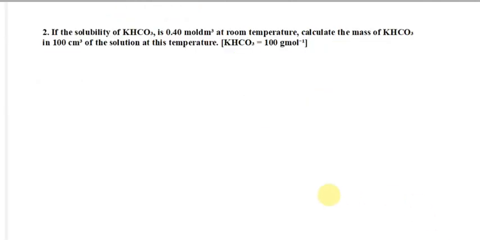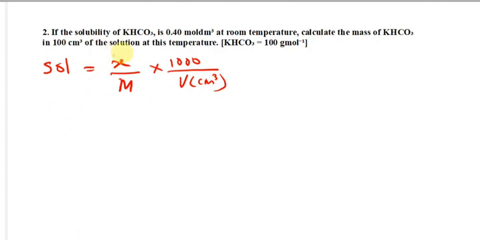Okay, example 2. If the solubility of KHCO3 is 0.40 mole per dm cube at room temperature, calculate the mass of KHCO3 in 100 cm cube of the solution at this temperature. So simply I'm going to write the solubility is equal to the reacting mass all over molar mass times 1000 divided by the reacting volume in cm cube.